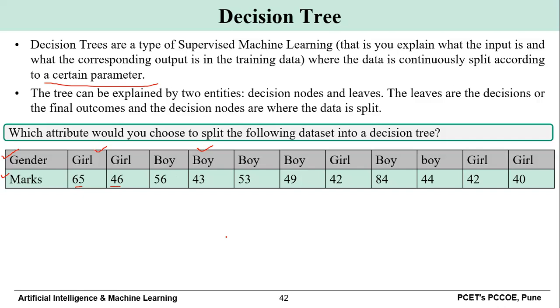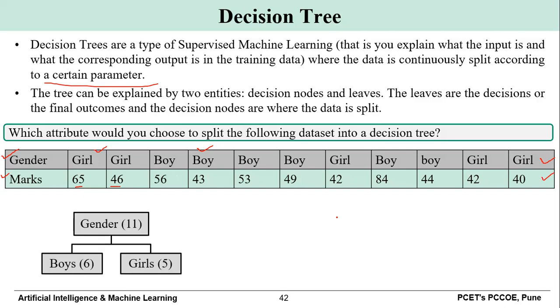If we want to construct a decision tree for this data set, then we can construct it according to gender. So the top node will be gender, and the leaves will be boys and girls. So that is one approach.